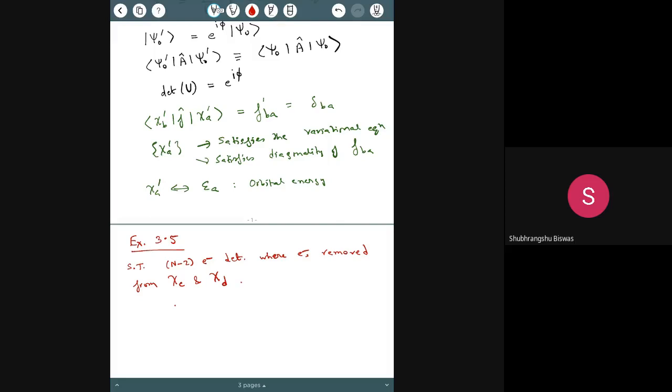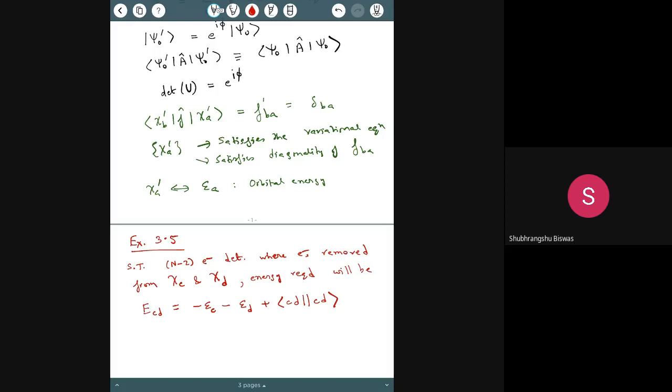then the energy required will be E_CD equal to negative of the orbital energy of C and negative orbital energy of D plus the interaction of CD.